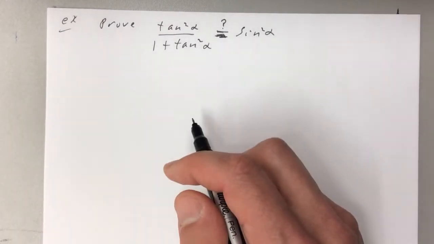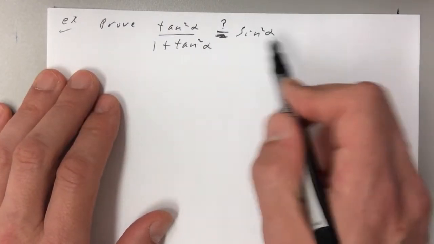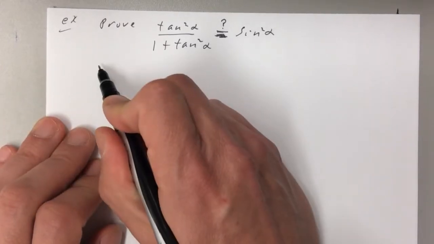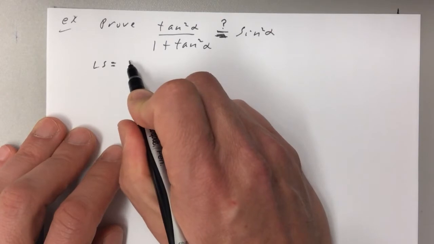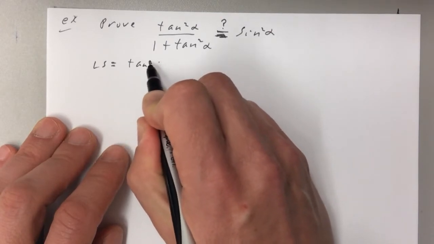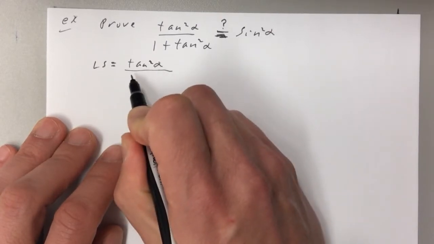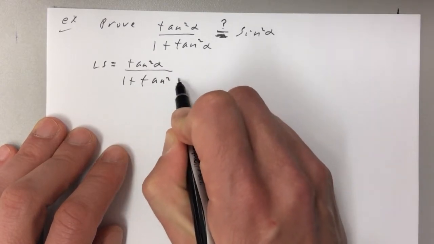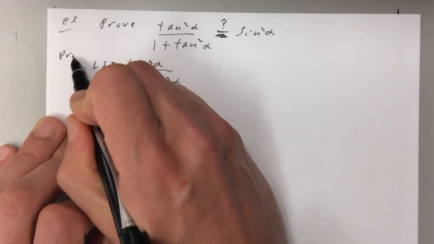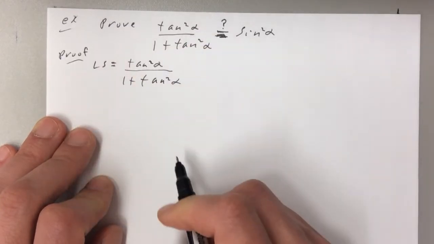So we're going to start with this one. We're going to start with the most complex side, so we're going to start with the left side. Okay, so tan squared alpha over 1 plus tan squared alpha. We need to put the word here, proof. So that's where it starts.